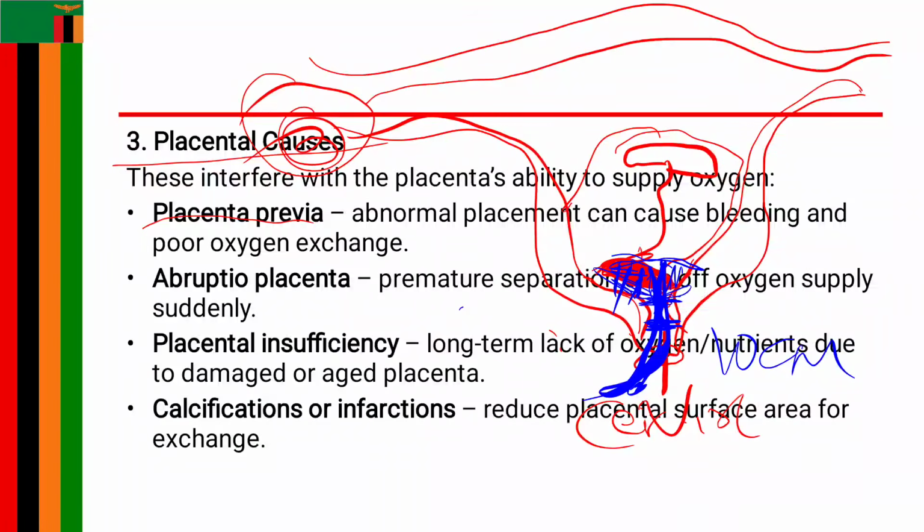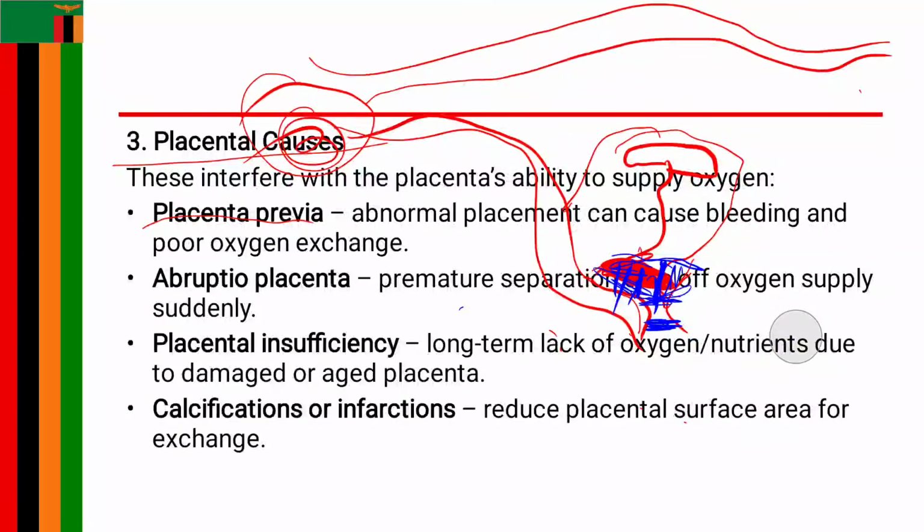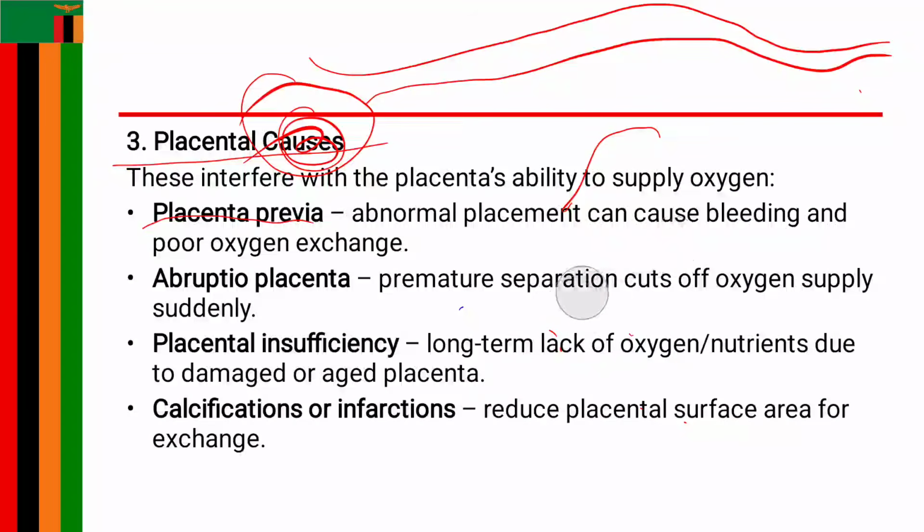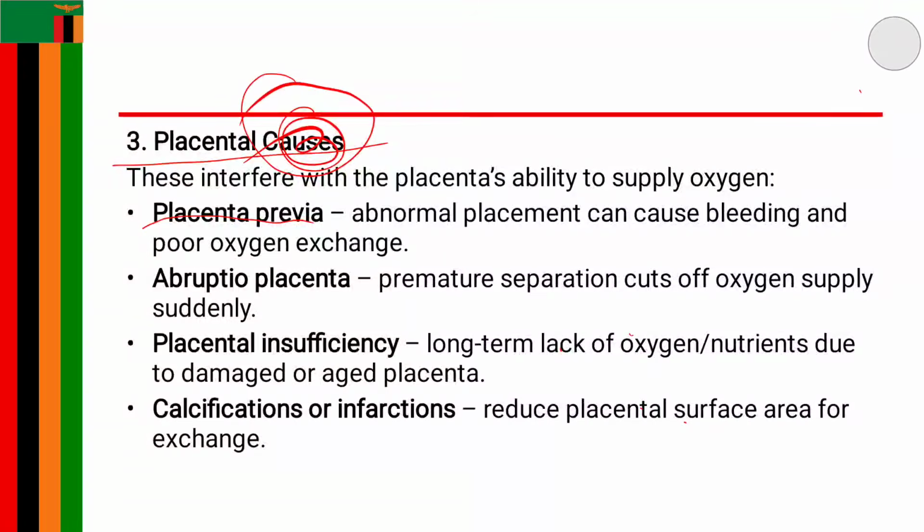This may cause the baby to be deprived of oxygen, causing the baby to go into asphyxia at whatever point you deliver the baby. So when we talk about placenta previa, that is what happens for it to cause asphyxia. It is because of the abnormalities causing bleeding and poor oxygen exchange before the baby is born.